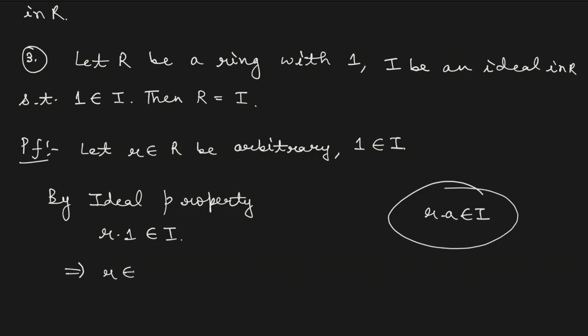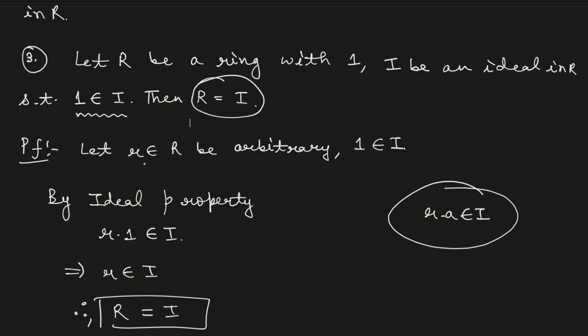So r belongs to I. Therefore R is equal to I. So whenever R is a ring with unity and I is an ideal in R such that 1 belongs to I, meaning unity belongs to ideal I, then R is equal to I.